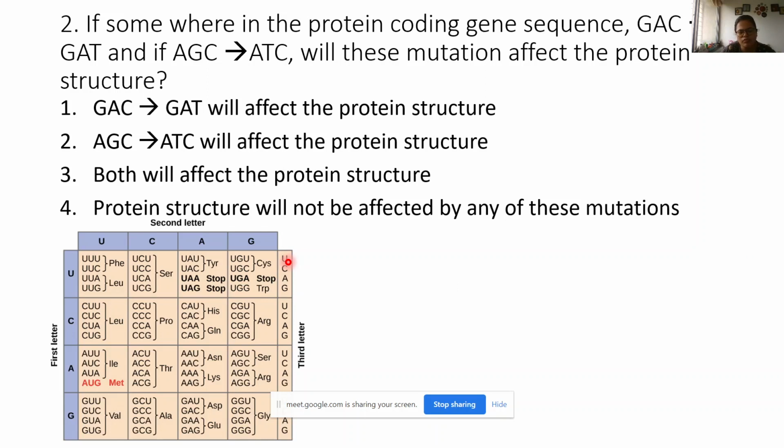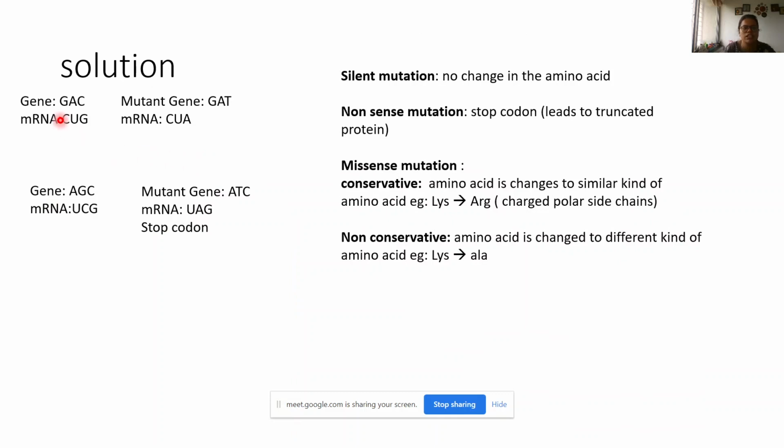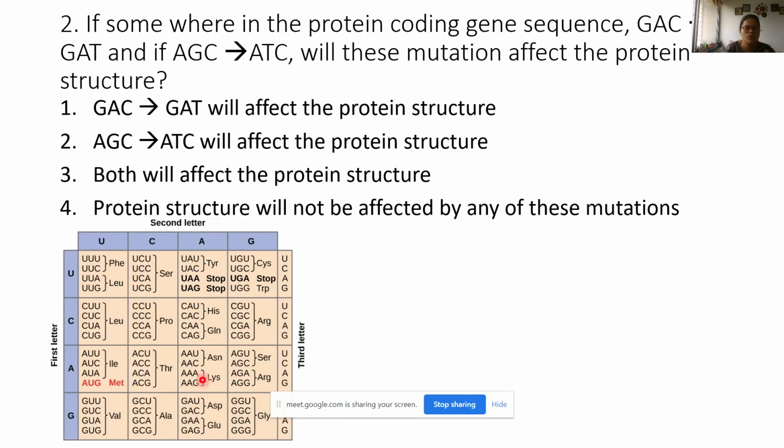Navneet has written GAC to GAT won't affect. Okay, you guys are correct. So why will GAC to GAT not affect? We will see. So this is GAC, the mRNA is CUG, and this is GAT, so the mRNA is CUA. Let's see what protein it codes for.